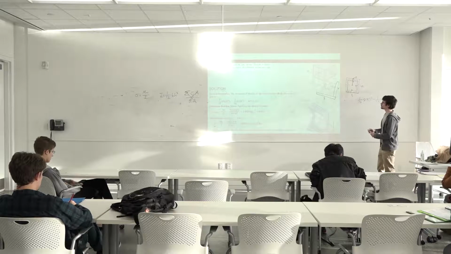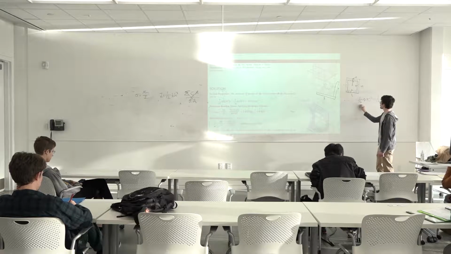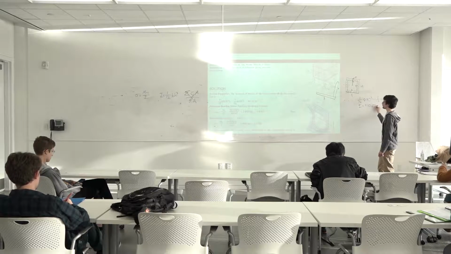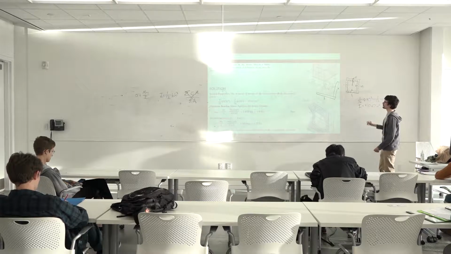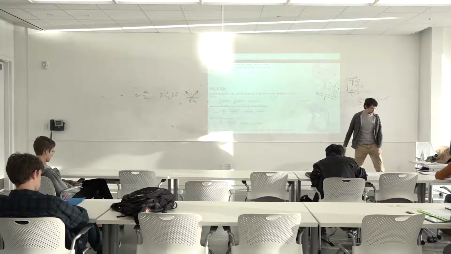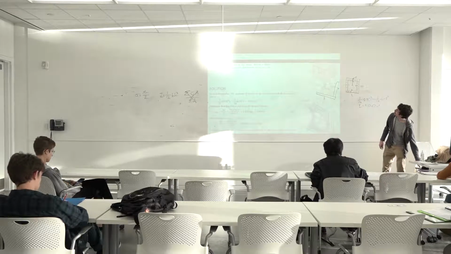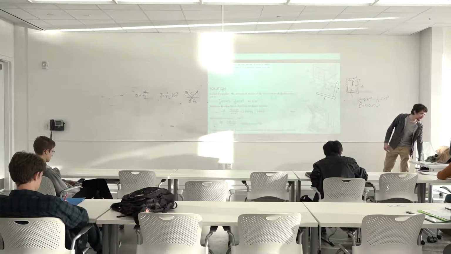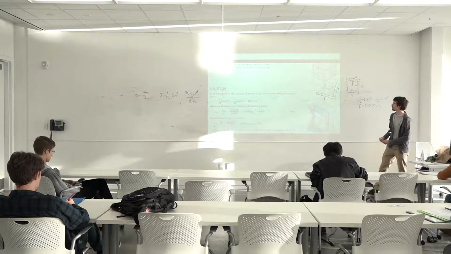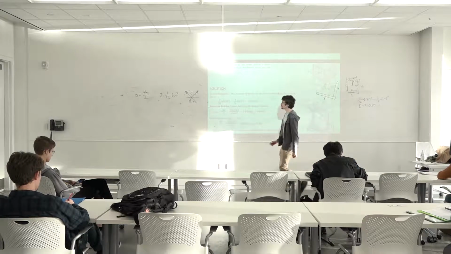We have our I, which is printed in the solution as 410.67 inches to the fourth. We have our moment, which is given to us as, I believe, 10 kip foot.